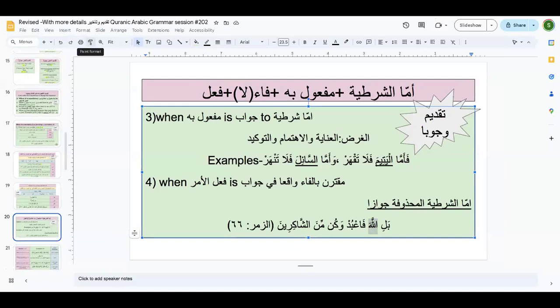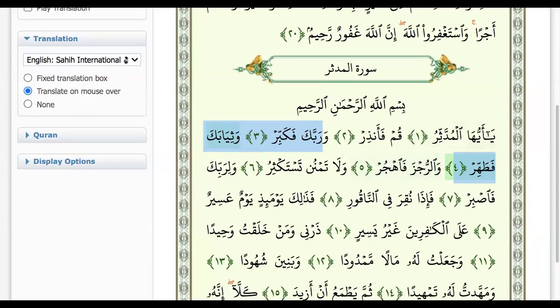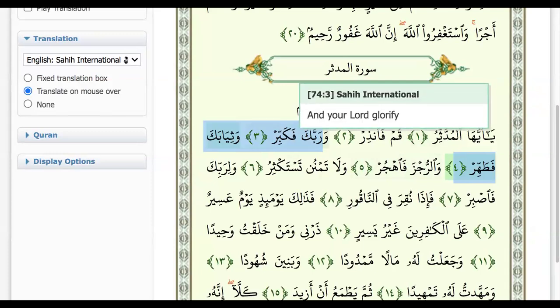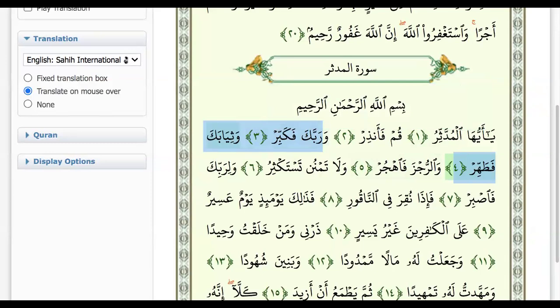Wathiyabaka fatahhir. Sorry. Can you see this one now? My tanzil.net. Alhamdulillah, barakallahu fiki. Rabbaka fakabbir wa thiyabaka fatahhir.